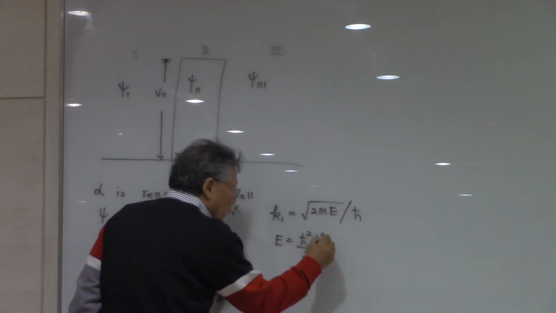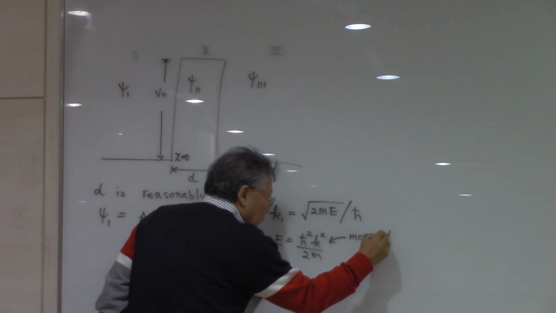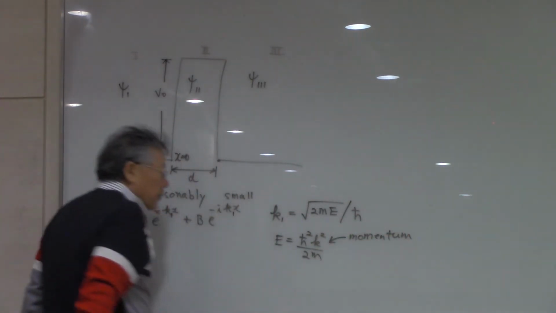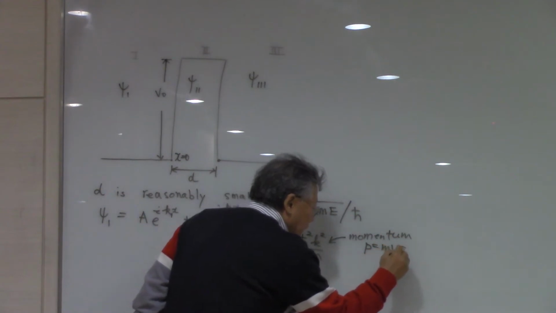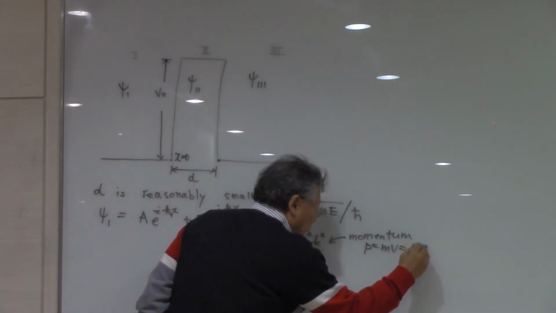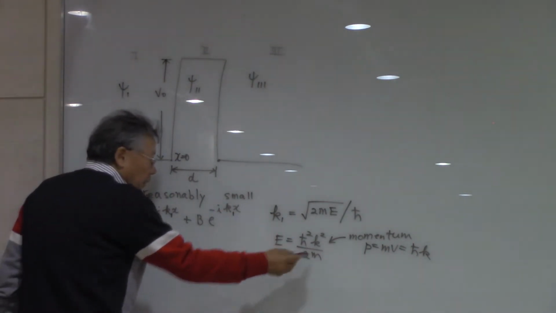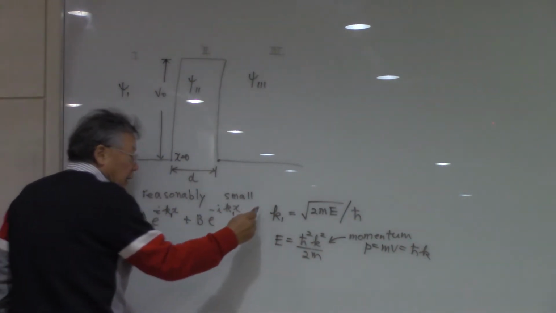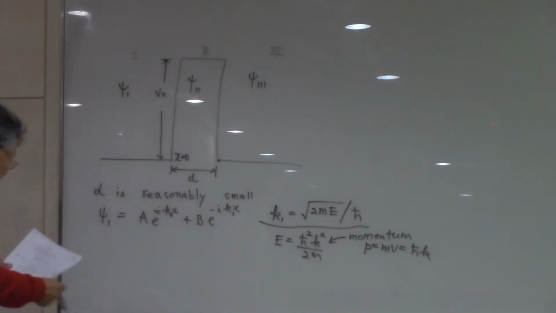This is the momentum: p equals mv equals h bar k, right? So from here you just get k, and k is going to be written just like that.